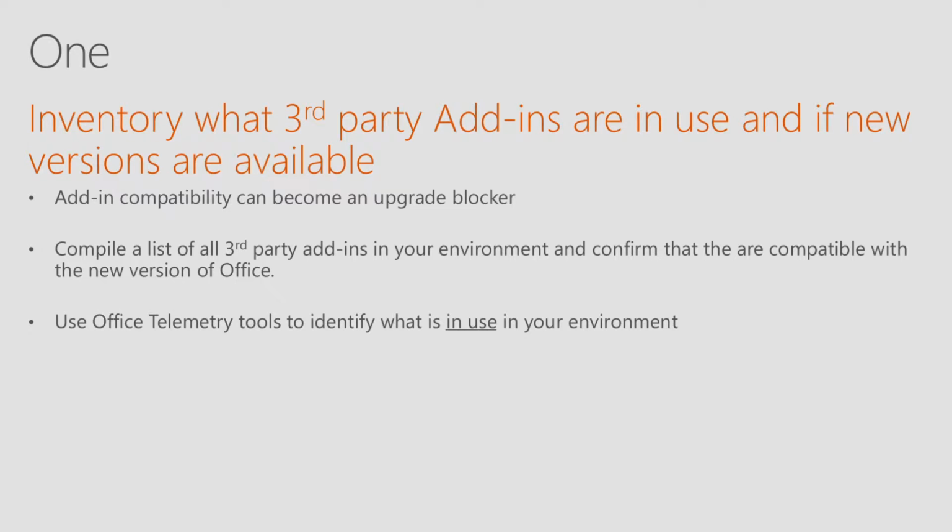While you couldn't compile a comprehensive list, you want to focus on those and see if they are going to be compatible, and check with those vendors and make sure that there is a 2016 equivalent available. So that tool comes in quite handy, and if you go on TechNet and search for Office telemetry, you will immediately get some content on how to get that set up and how to get data from it.